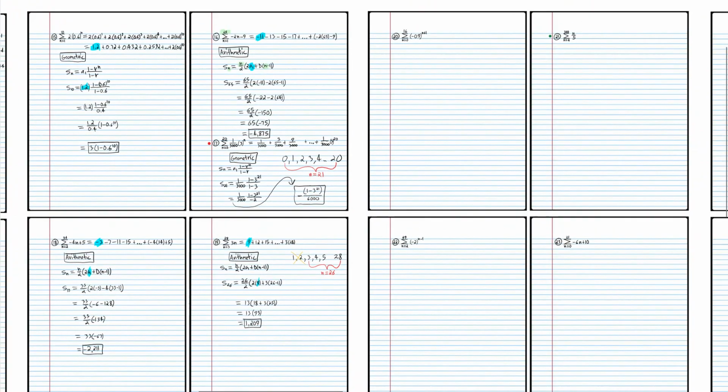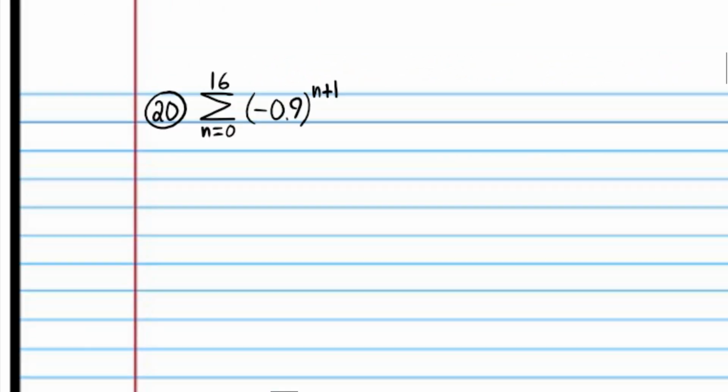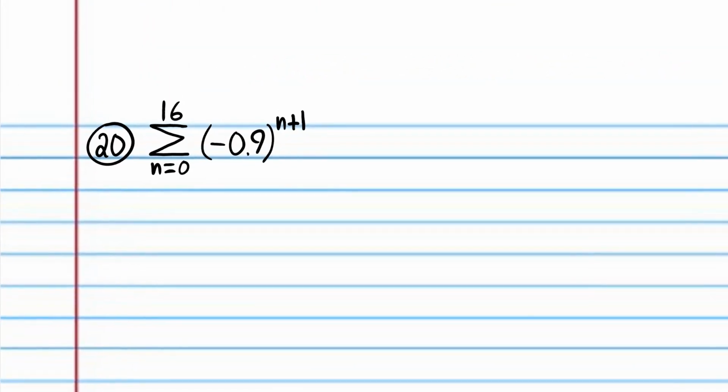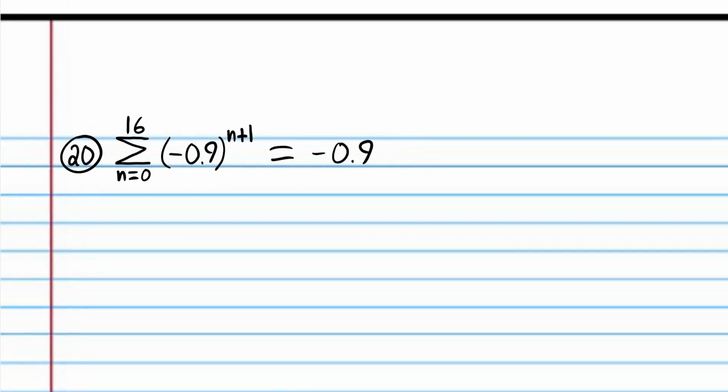So we've done 3 of those problems where it's not exactly obvious how many terms we're adding up. So here's another example where it looks like we're adding 16 terms, but we're actually adding 17 because the 0 term counts as a term. So we have negative 0.9. When you plug in 0 for n, you get negative 0.9.